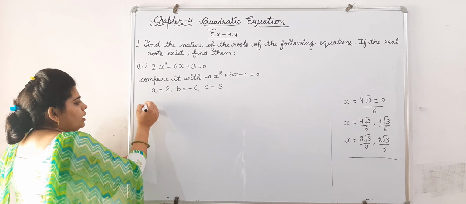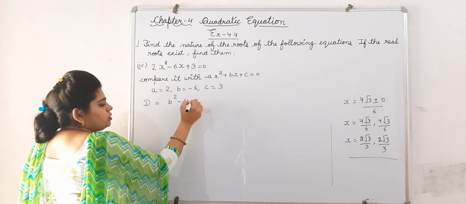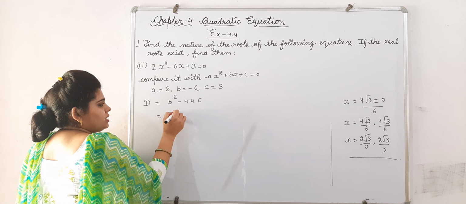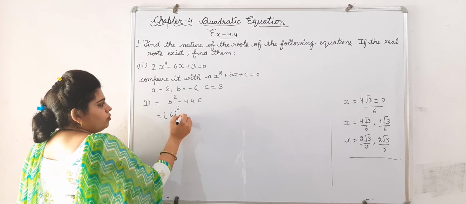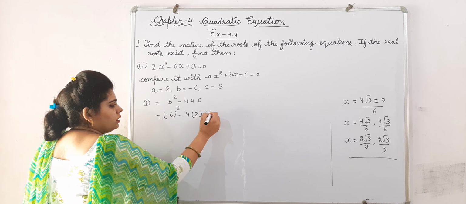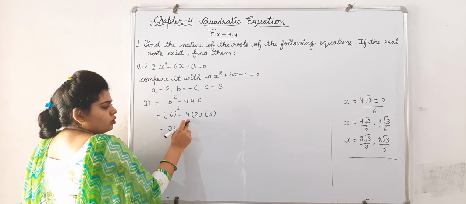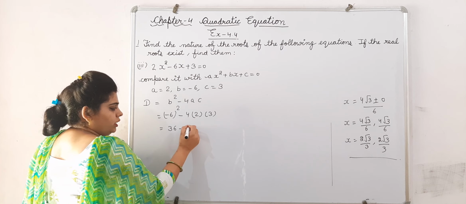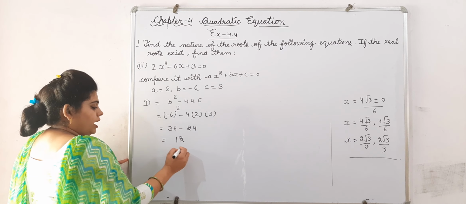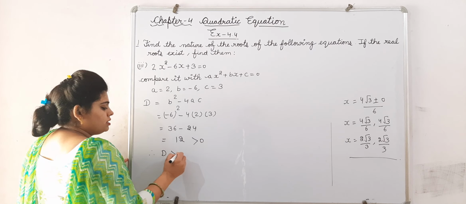Now we will find the value of the discriminant D, and D is equal to b square minus 4ac. b is minus 6 whole square minus 4 into 2 into 3. Minus 6 square is 36, 4 2s are 8, 8 3s are 24. What is left? 12. And 12 is greater than 0. So D is greater than 0.